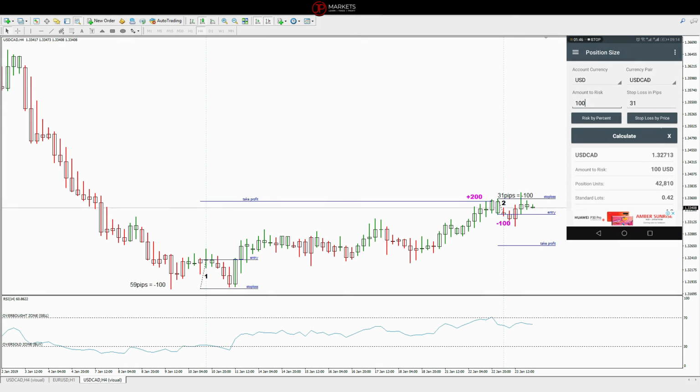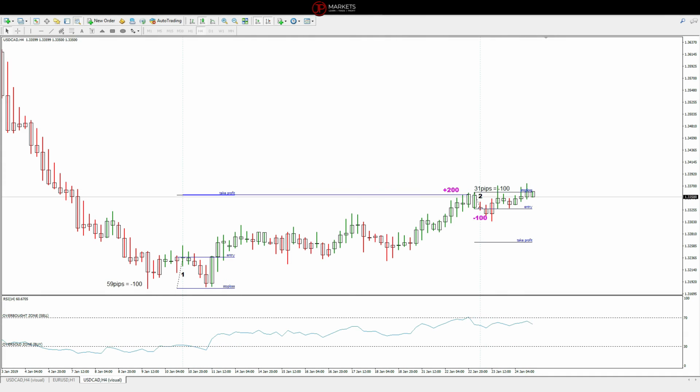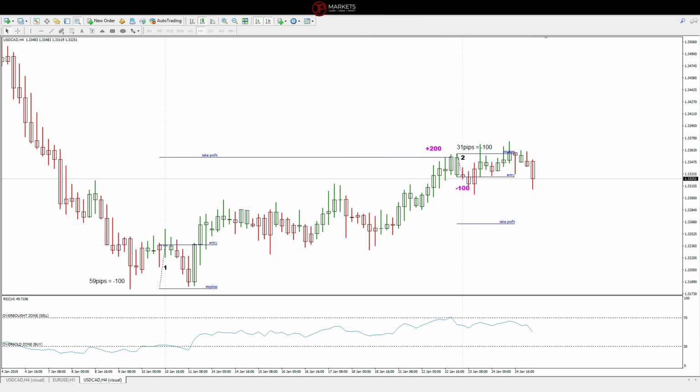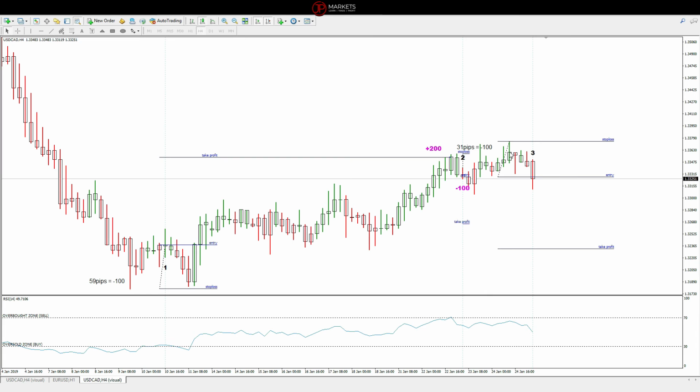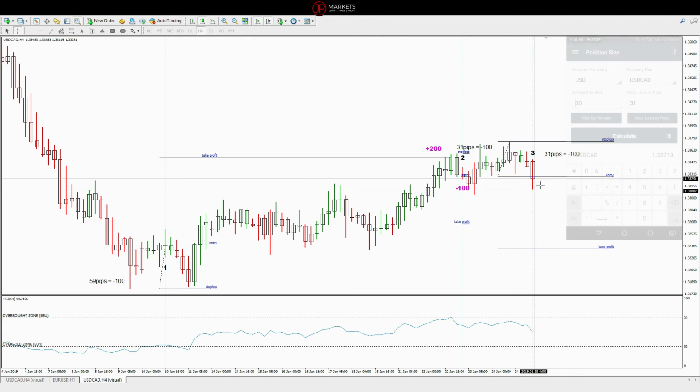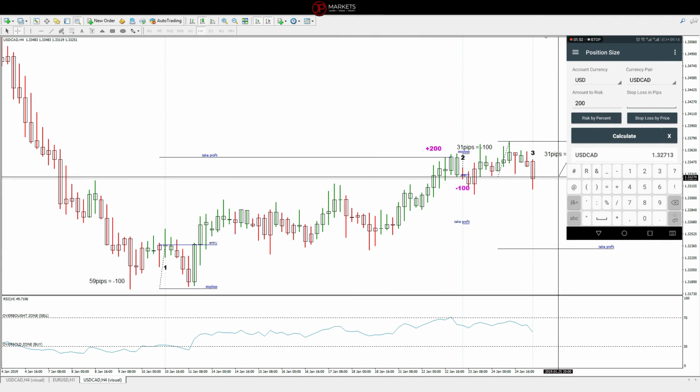Alright, so we're gonna wait a bit and see if we can go for trade number 3 around the same area. So there we go, I think I'm ready to go for trade number 3. Alright, so we're gonna adjust the stop loss just a bit, and let's calculate now how many pips are between the entry and the stop loss.